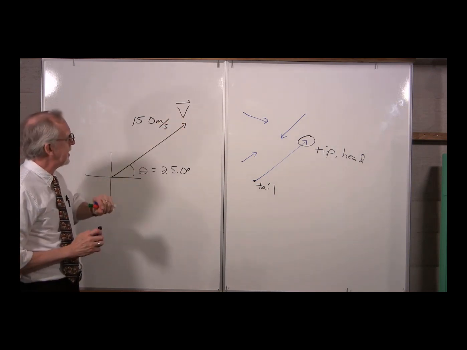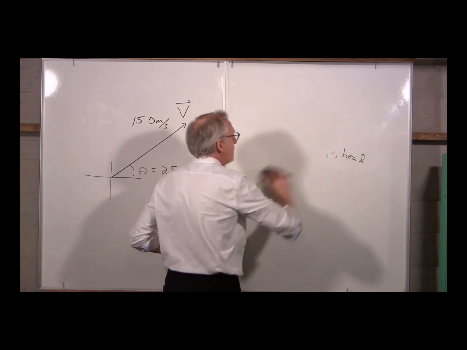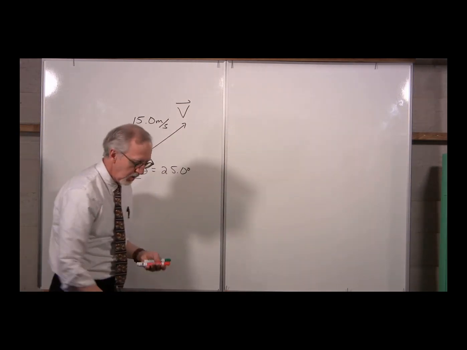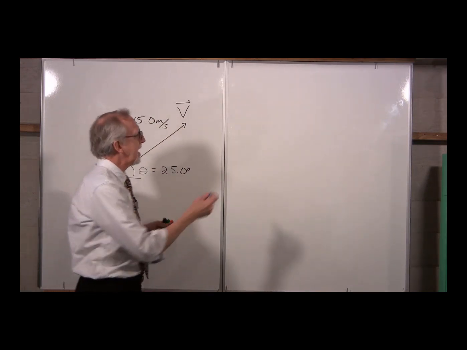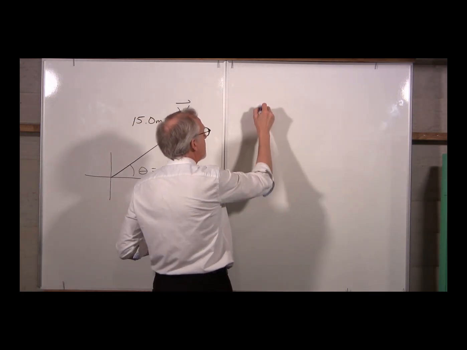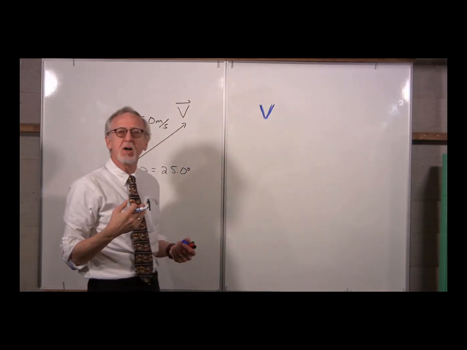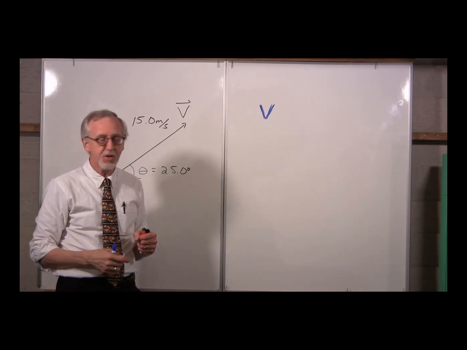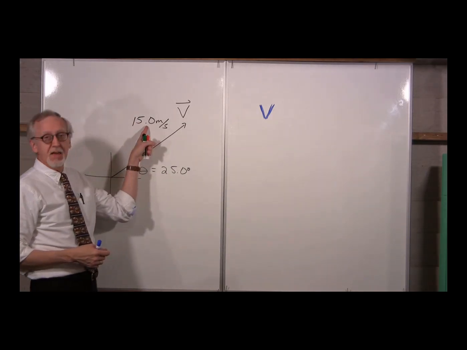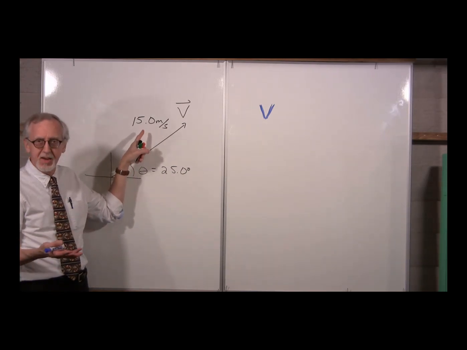Let me just make a mention here. When writing a vector, textbooks will often write a vector in bold. And then when they want to talk about a scalar, a quantity that does not have direction, for example, the length or the magnitude of a vector is a scalar because the magnitude doesn't have a direction.